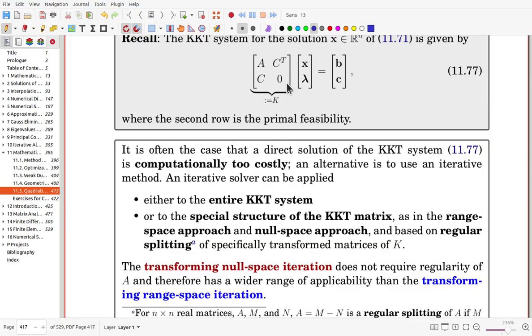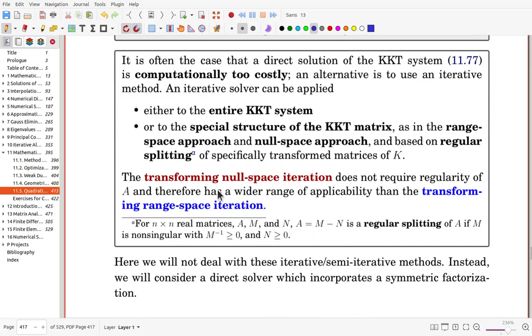And these techniques are the range space approach and the null space approach. Also sometimes people may try to use regular splitting and relaxation algorithms. And here, the null space iteration is much more popular than the range space iteration.